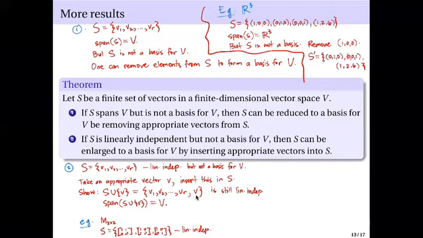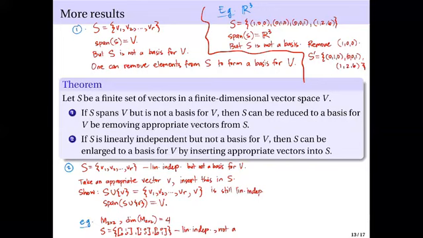Okay? And since you know that the dimension of M22 is equal to 4, and this set S only has 3 elements, this is not a basis.